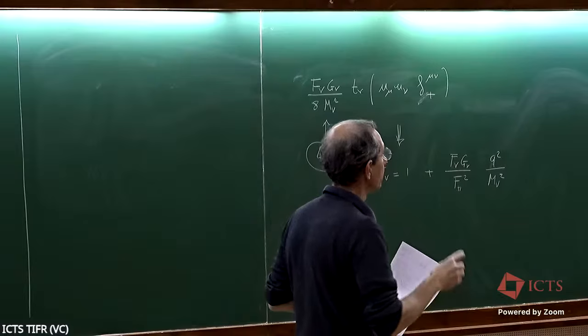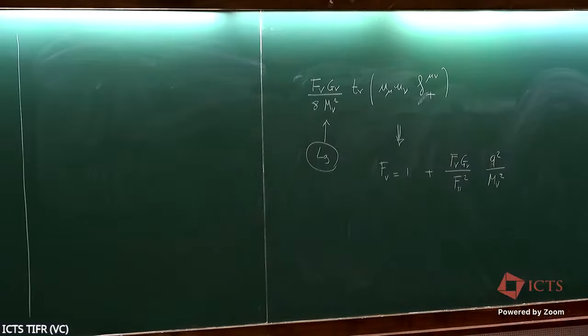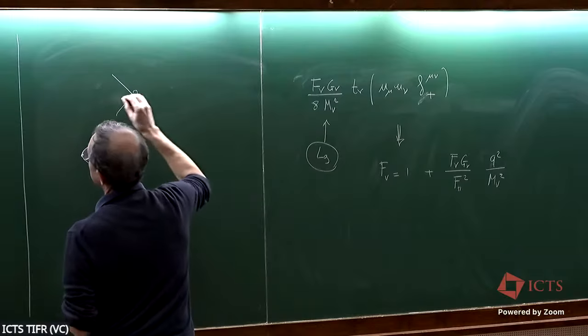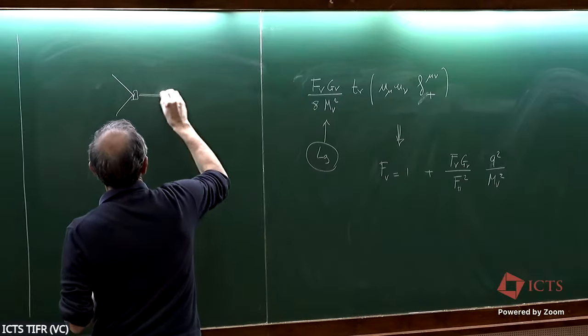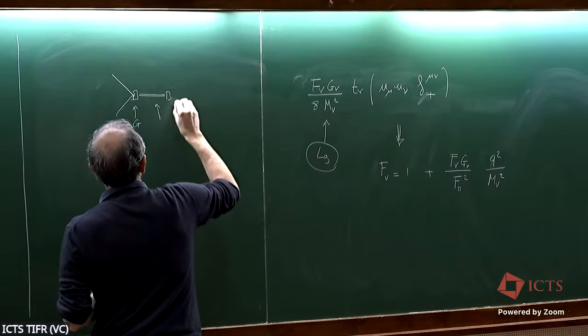But now, this is really the contact term which I get from this term here. I computed this diagram exactly as I showed there. Here there is G_V, here there is the vector resonance.